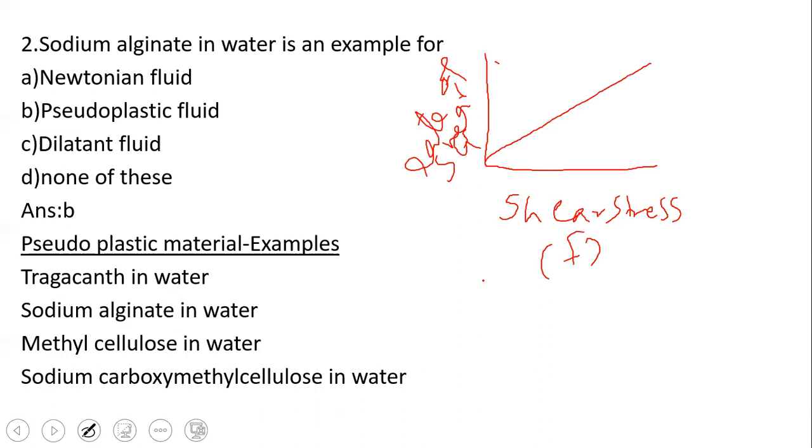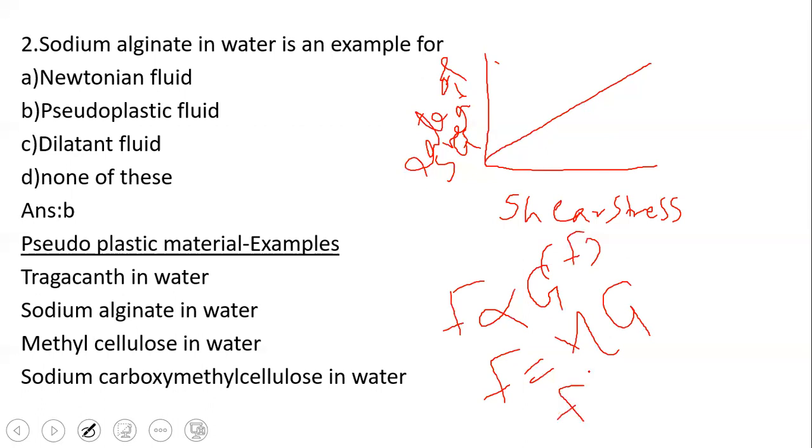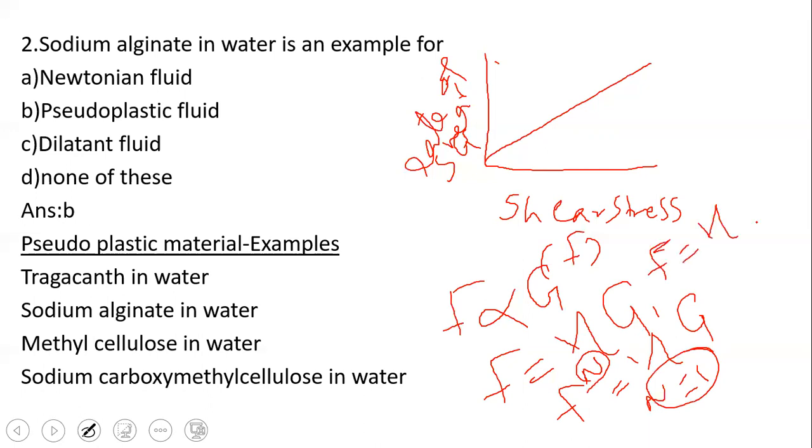That means F is proportional to G; for Newtonian fluid, F is equal to eta G. We can write this as F raised to N is equal to eta dash G. When N is equal to 1, that is a Newtonian fluid. So F is eta G for Newtonian fluid.